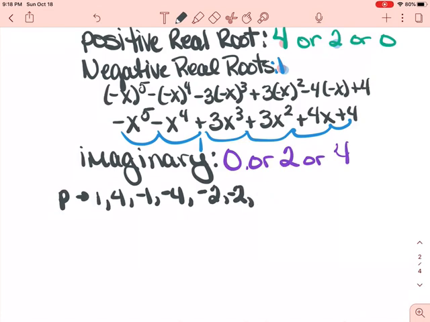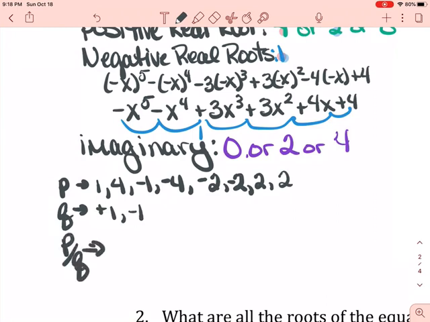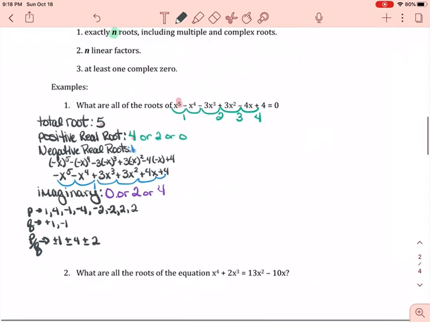And then factors of 1, that is our leading coefficient. So that's +1 and -1. So P over Q would be ±1, ±4, ±2.